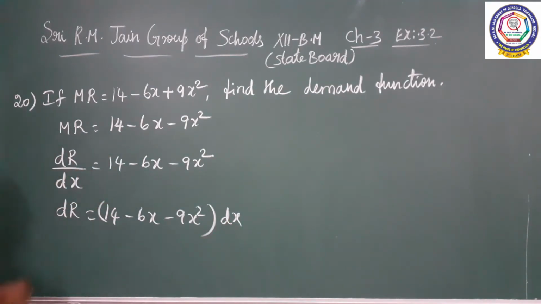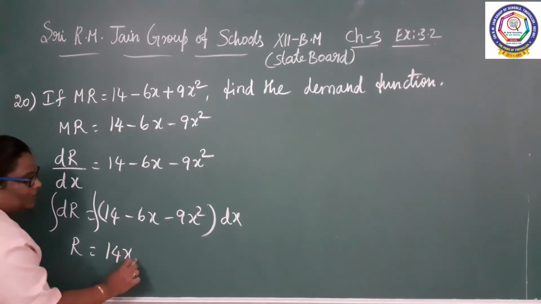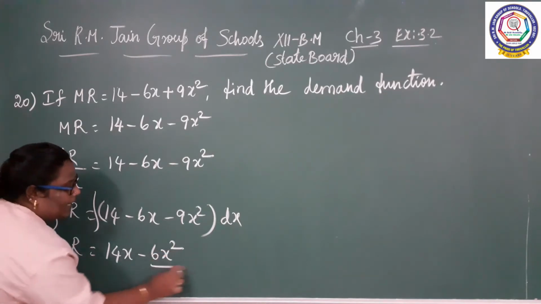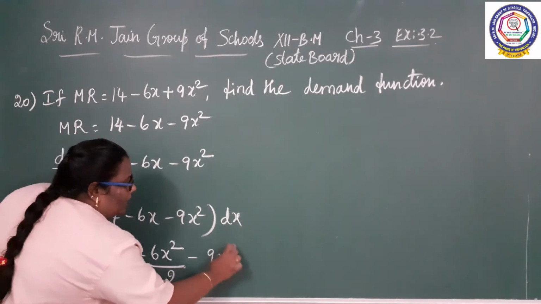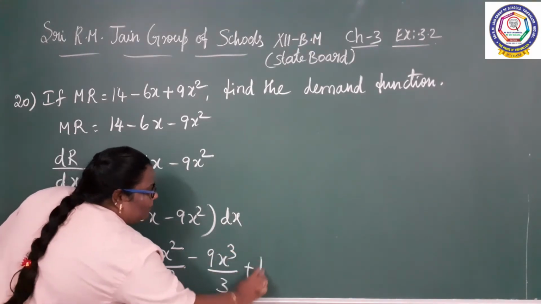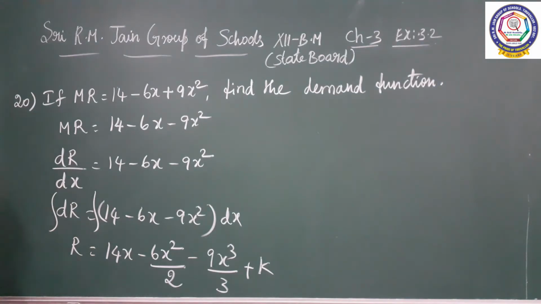Integrating on both the sides, integral dR. R equal to 14x minus 6x square by 2, because of the integral x power n formula, minus 9x cube by 3 plus k.